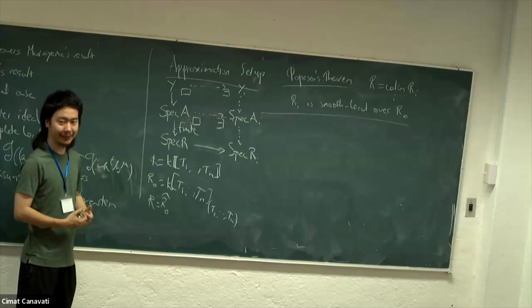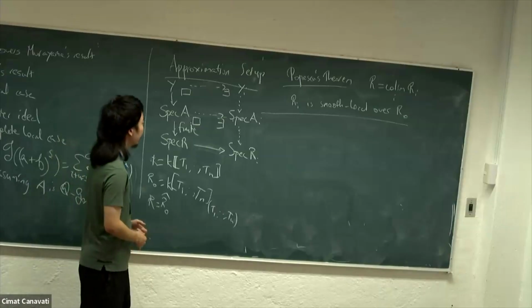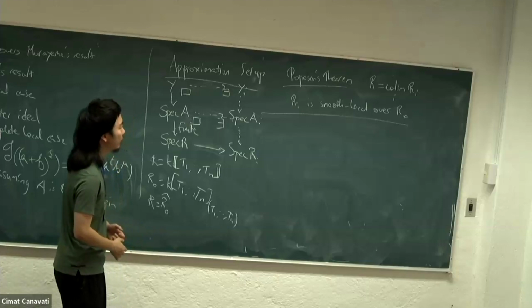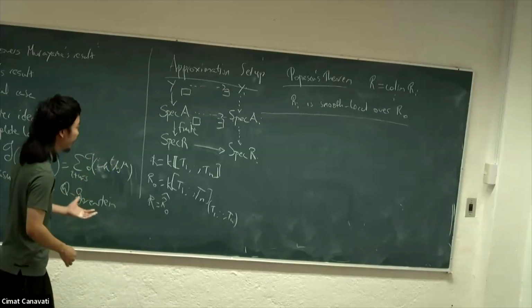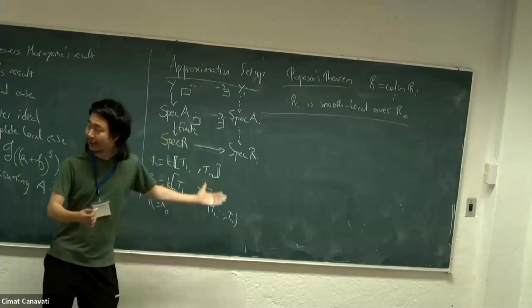What I mean is that if A is actually a completion of a finite type algebra over a field at some maximal ideal, then probably we could use Popescu's theorem for the regular map itself. In that case, you could skip this R. Yeah, exactly. You could totally skip this R.